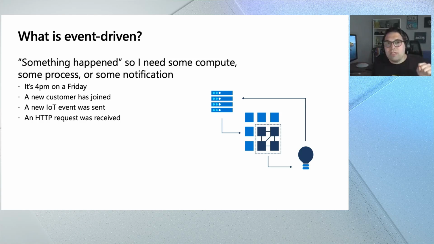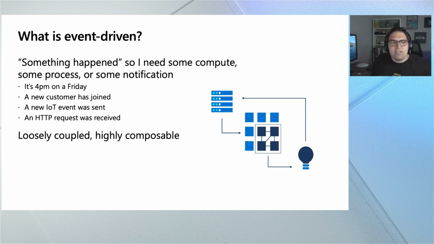Event-driven brings a bunch of benefits. Some of the biggest ones is that when you build applications this way, just by nature, it becomes easier to be very loosely coupled. If you think about one of these events in this example list, a customer has joined. Maybe for now you want to notify your marketing system, but then 2 weeks down the line, you're like, oh, we actually have this new CRM system that cares about it too.